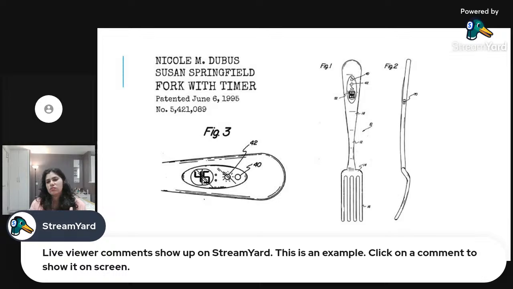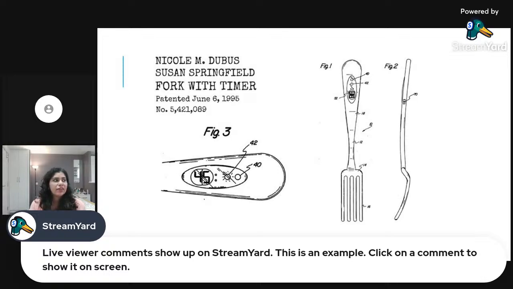So, for example, do you want to eat less? If that is your concern, then inventors like Dubus and Springfield have an answer for you because they patented this fork with a timer in 1995.